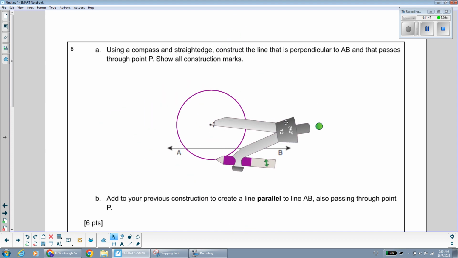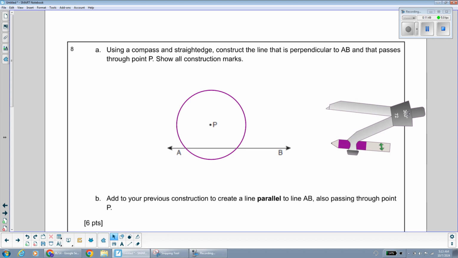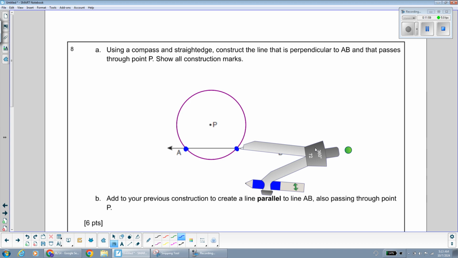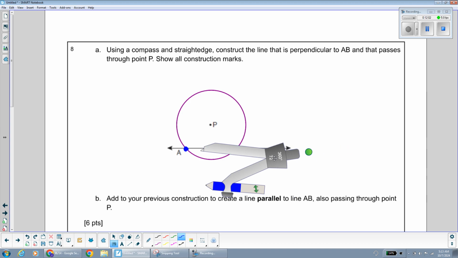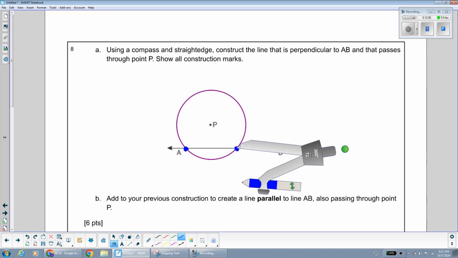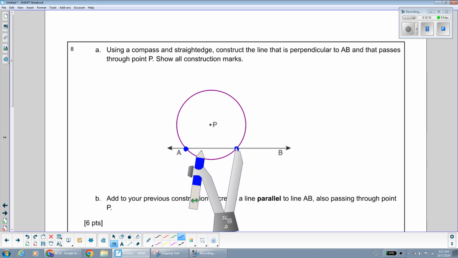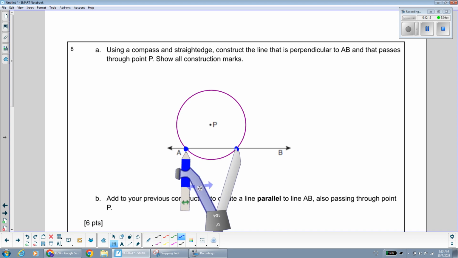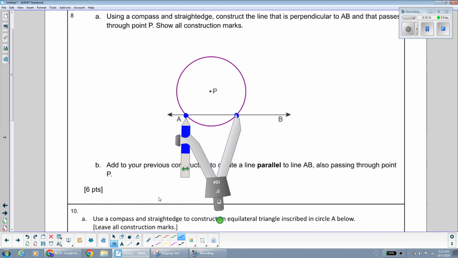All we need, I should say, is for it to hit the line in two spots. And that's where my compass is going to go next. It's going to go on one, and then it's going to go on the other. You can keep the same distance. I just like to open up to the other endpoint, but you definitely can keep the same distance.